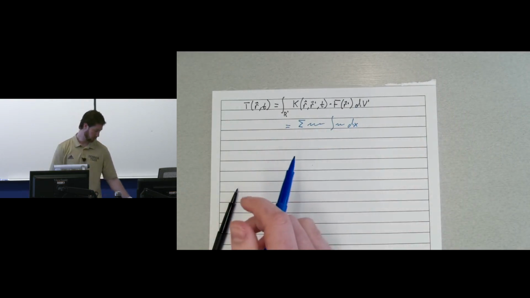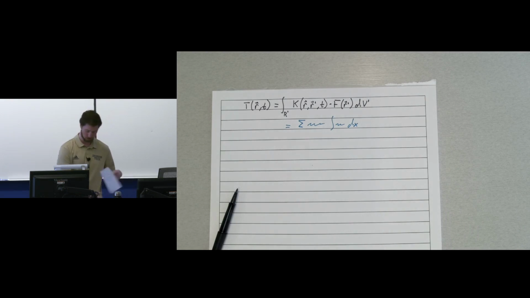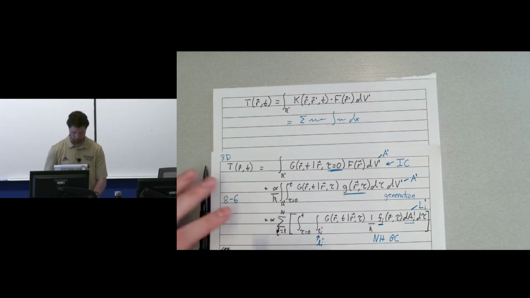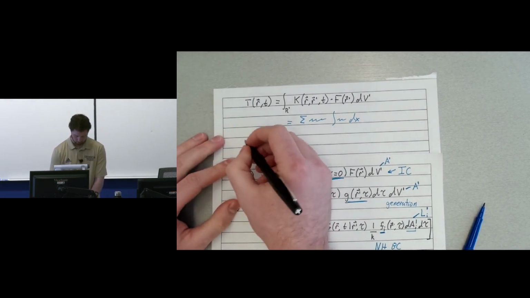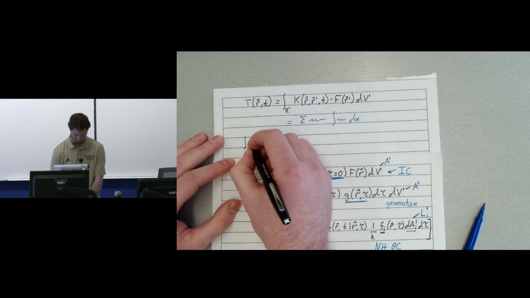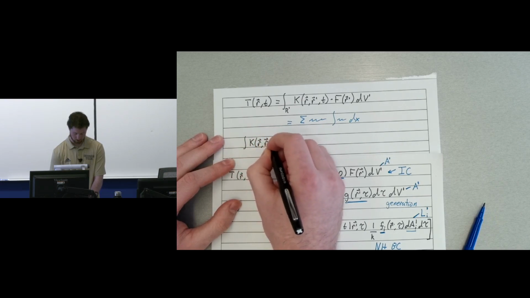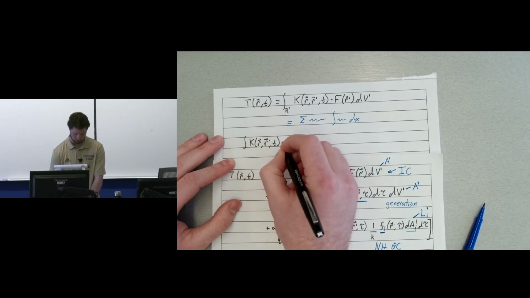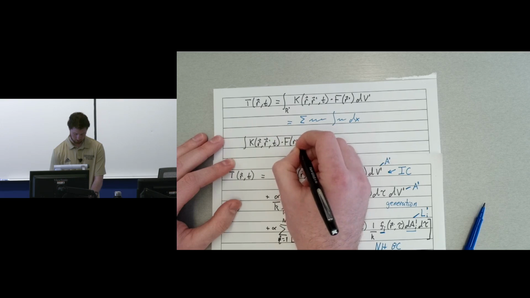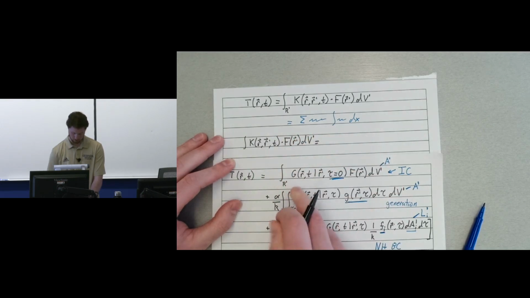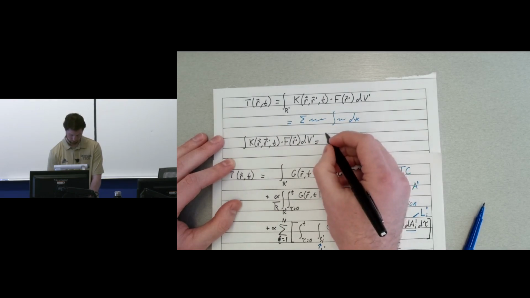So now if we take this, we compare, let's say that, suppose now we have this integral of K in r prime and time times f of r prime dV prime is equal to this top right here.